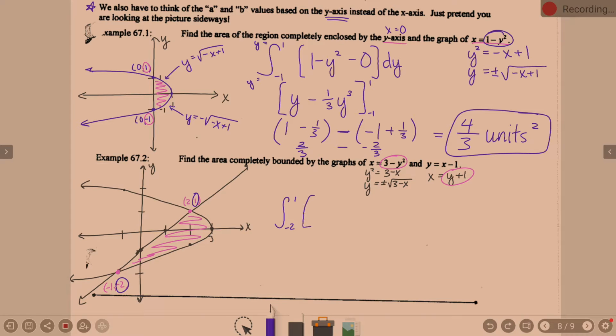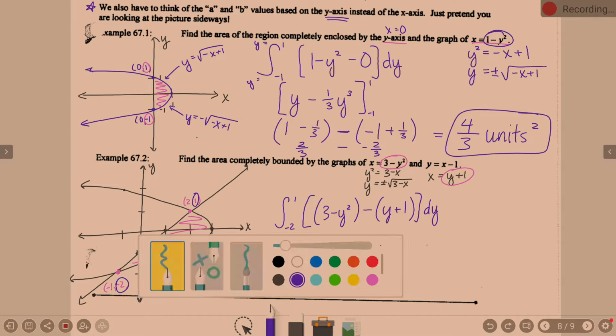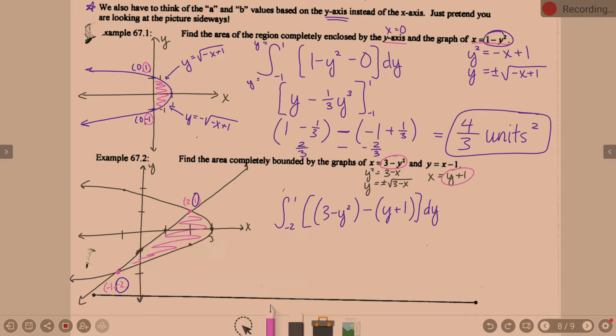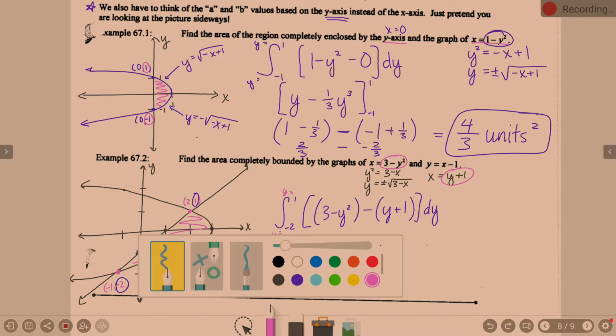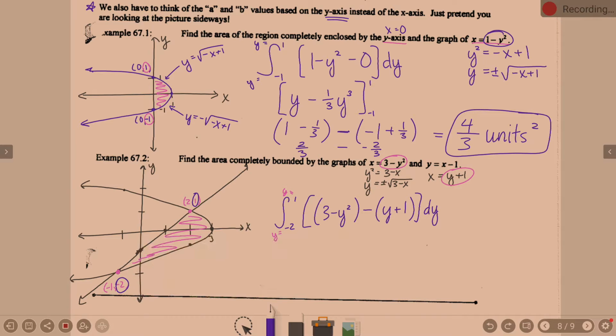So I'm going to say 3 minus y squared minus my left curve. What's my left curve? Y plus 1 times dy. And again, remember these a and b values are y values. You don't have to write the y equals in there, but sometimes it's just helpful, I think.